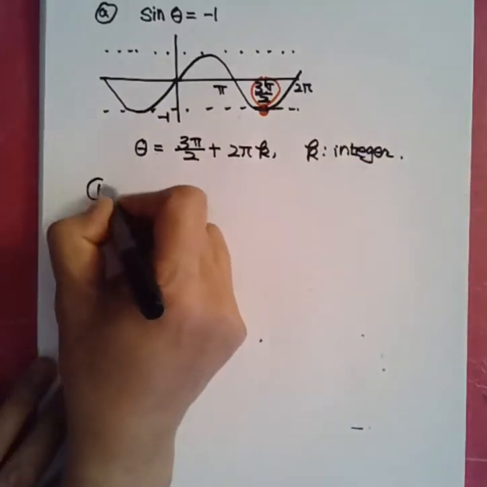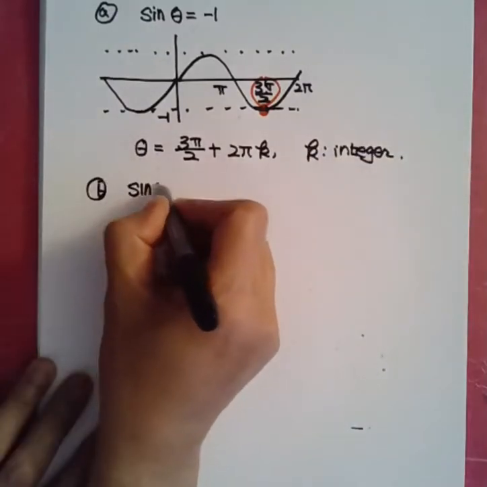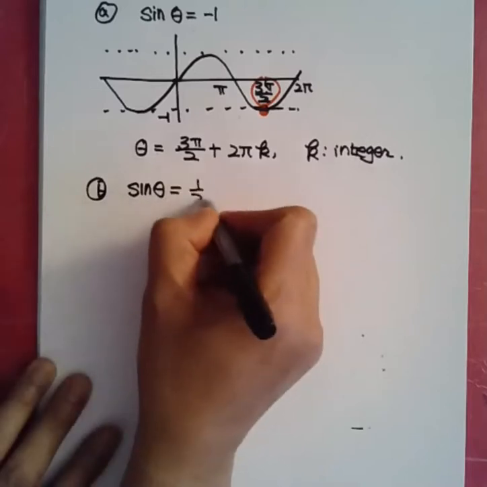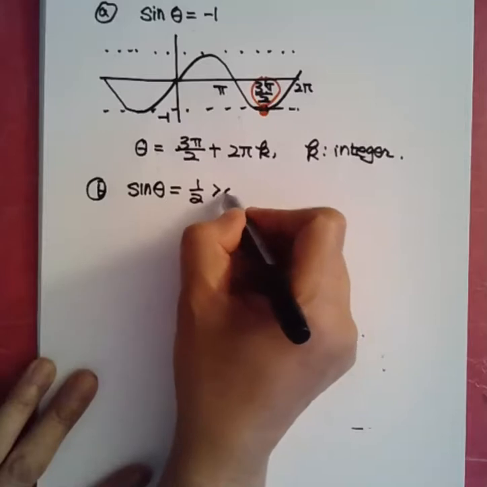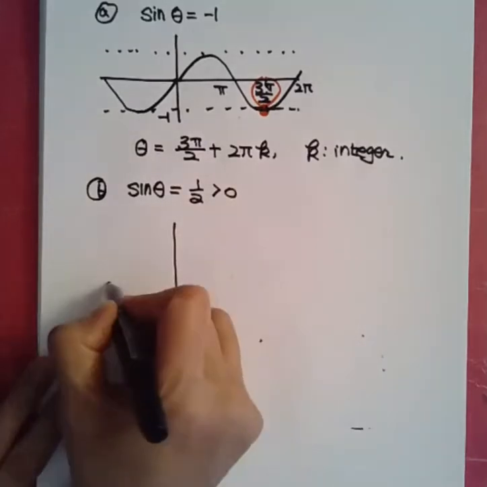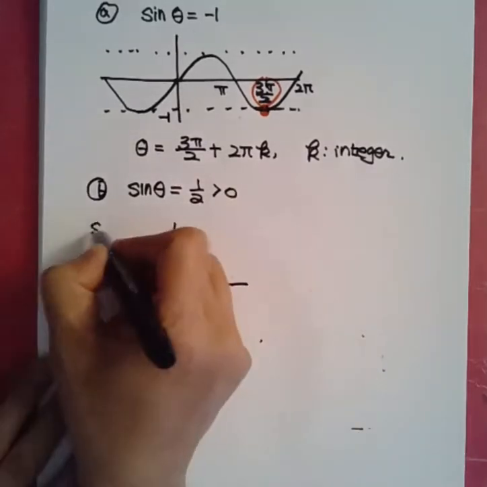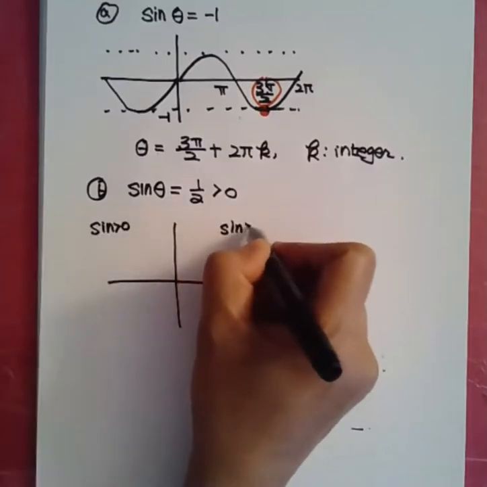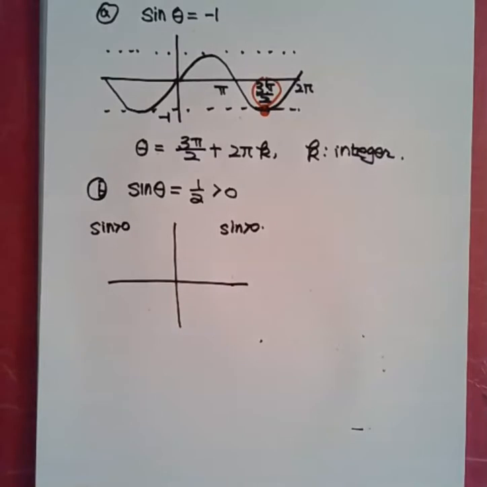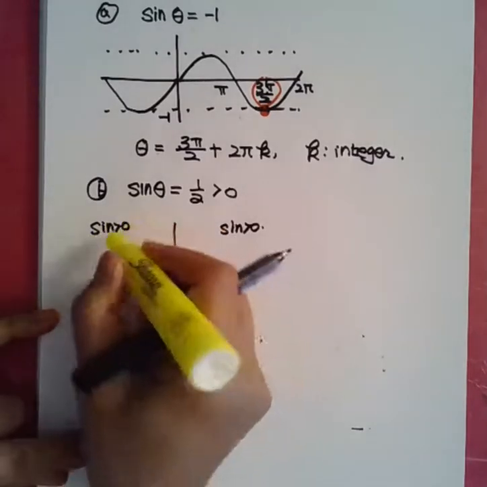The second one is sine of theta equals 1 over 2. The first thing we can notice is that the sine value is positive. So that'll be the first or second quadrant because y values are positive.